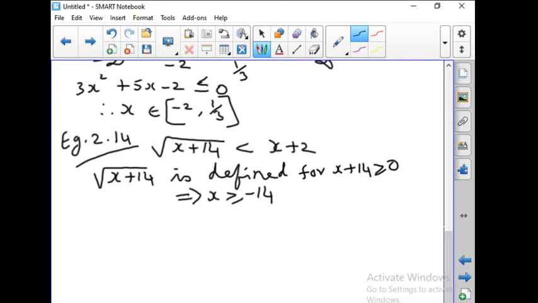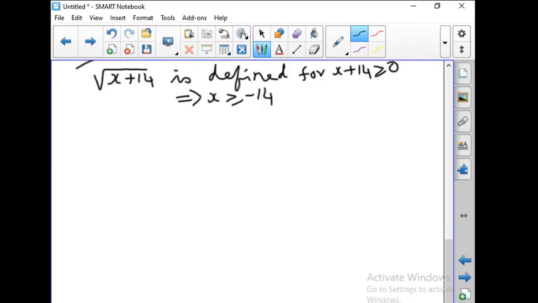Yes, then, the root of x + 14 should not be negative. So, also we have x + 2 should be greater than 0. That is, the right hand side should be greater than 0.